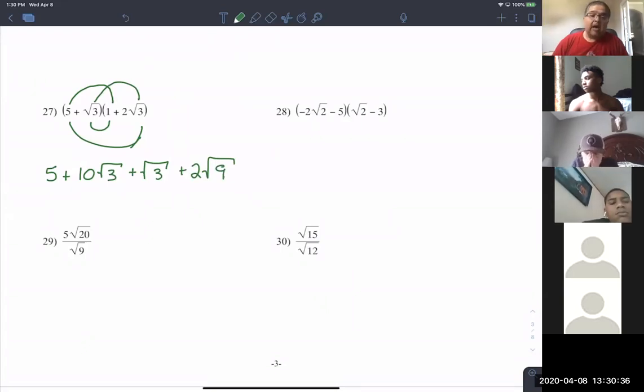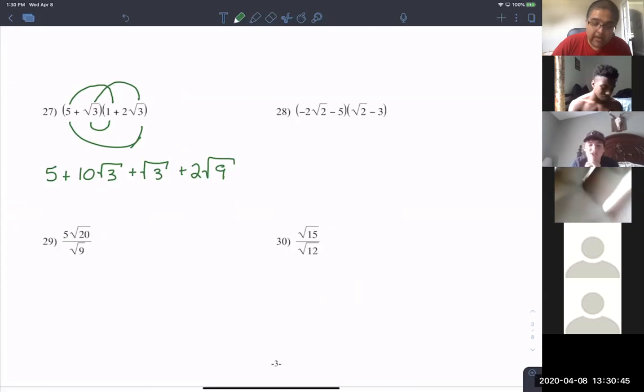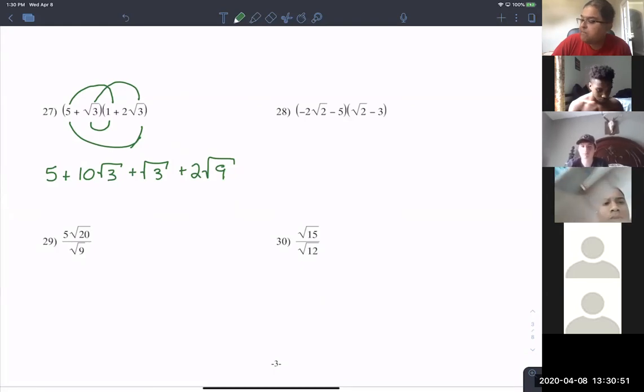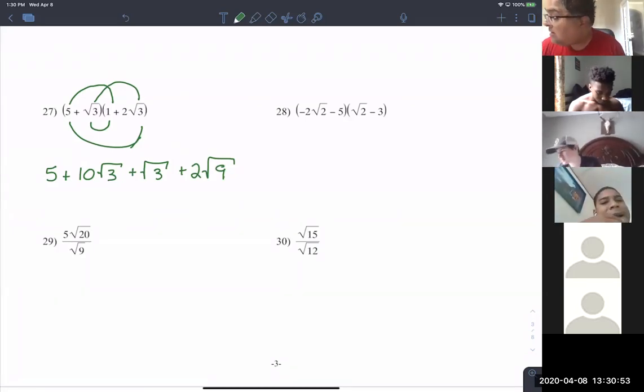Now, how do I clean this up? Is there something I can do? You simplify. So when I simplify, what do I get? First of all, what can I pull out from underneath the radical immediately? 9, and what does it become? 3.